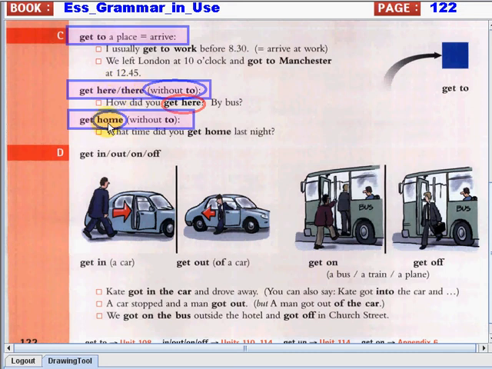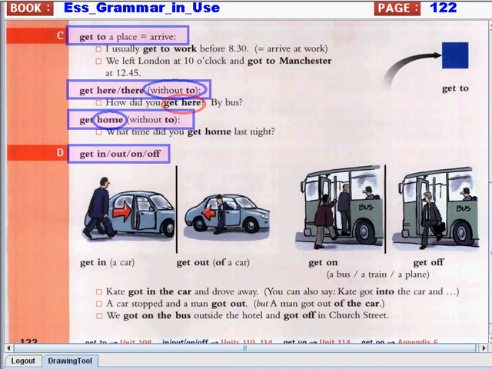Okay? Very good. So now that you already know how to use the following words, get to a place, which means arrive, get here or there, and get home, let's move on to letter D. Let's talk about get in, or get plus the prepositions in, out, on, and off.